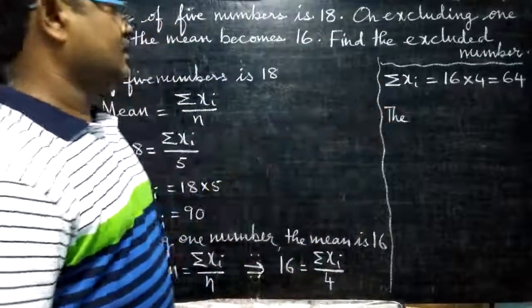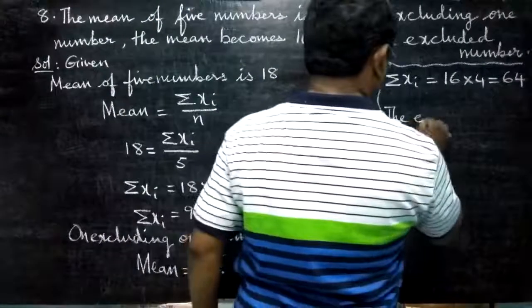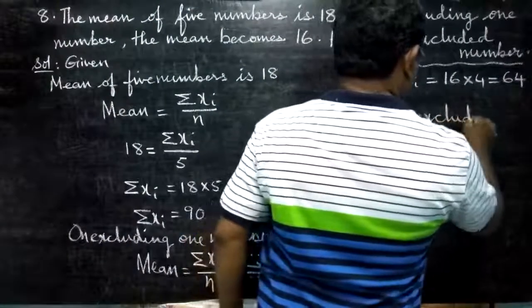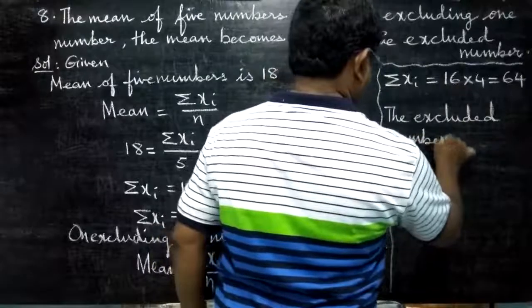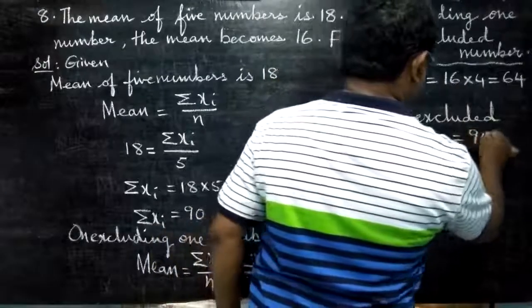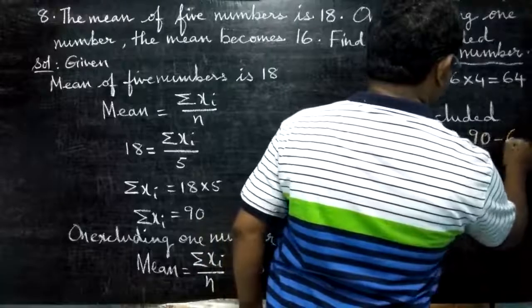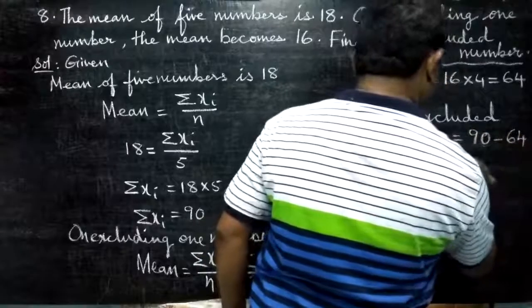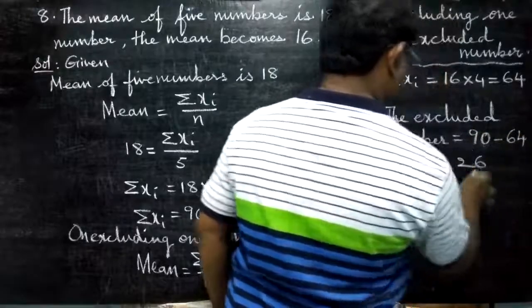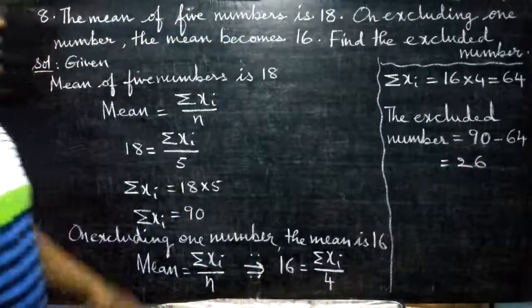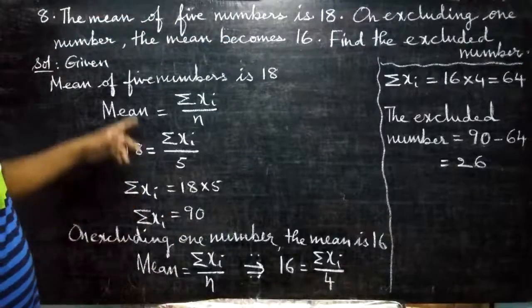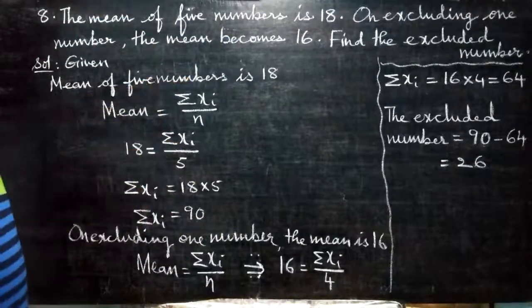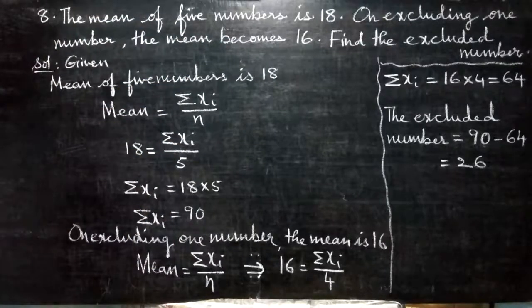So the excluded number is equal to 90 minus 64, that is equal to 26. Therefore, the excluded number is 26.